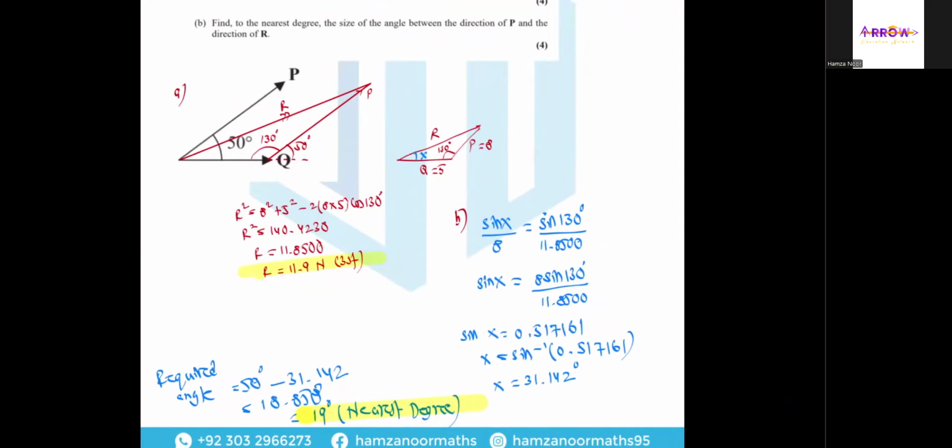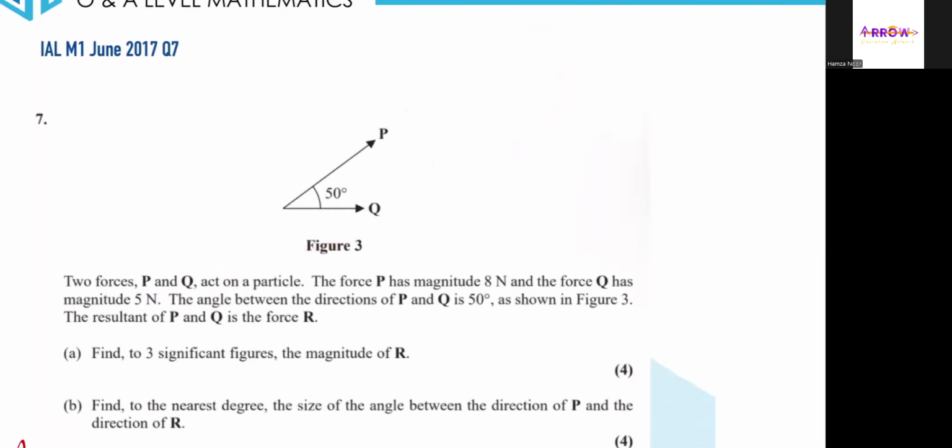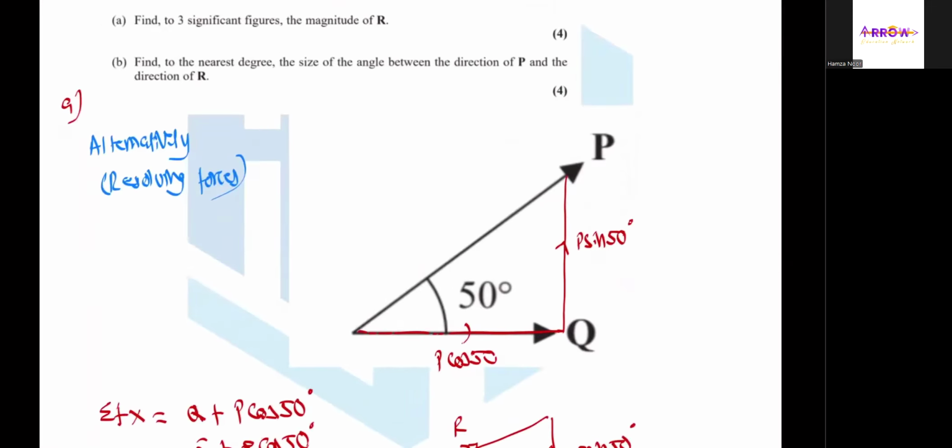Alternatively, I have discussed this question by another approach, which is resolving forces. I brought a screenshot of this figure here and enlarged the picture. P is inclined at an angle of 50 degrees to the horizontal. So the horizontal component of P is P cos 50, acting towards the right, and the vertical component of P is P sin 50, acting upwards.